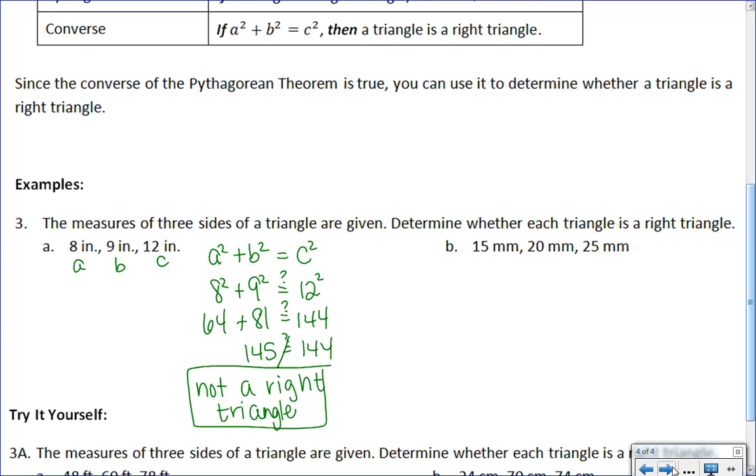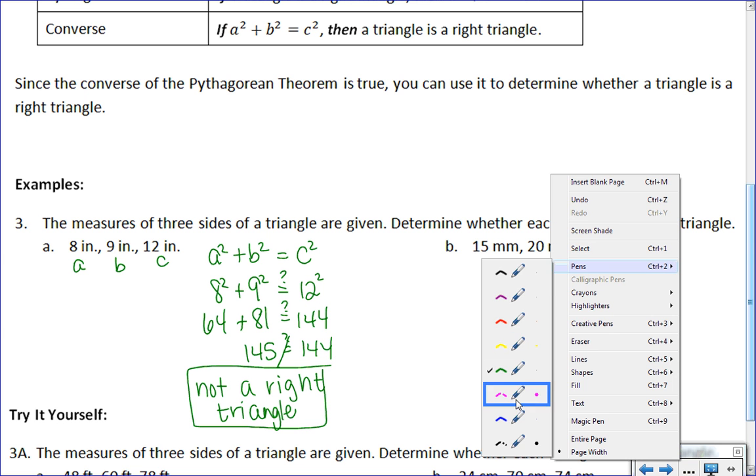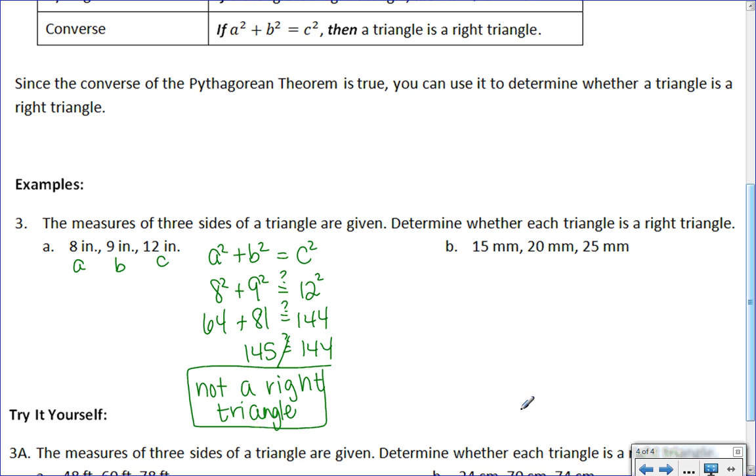Okay. Let's do the same thing on B. Now again, identify what A, B, and C are. So the biggest side is 25, that's C. And these two, let's call 15 A and 20 B. So A squared plus B squared equals C squared.